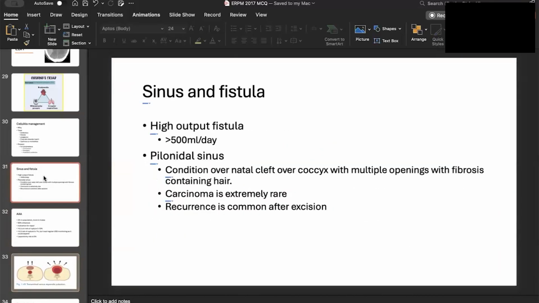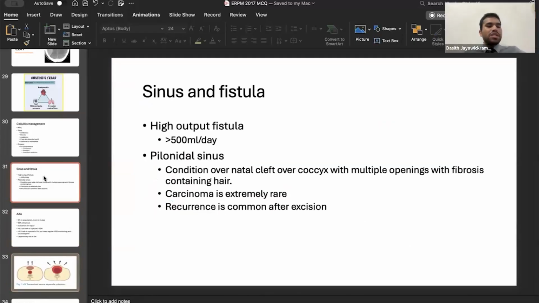Okay. And non-dependent drainage is one of the factors leading to persistence of sinus. Yes. So imagine there's a collection that periodically drains out. It will form a sinus. Now imagine this collection is easily drained. The entire thing is drained out and completely healed. The sinus will automatically close off. But if that collection is not draining properly, for example, it has to drain against gravity, then some part of it will not drain.